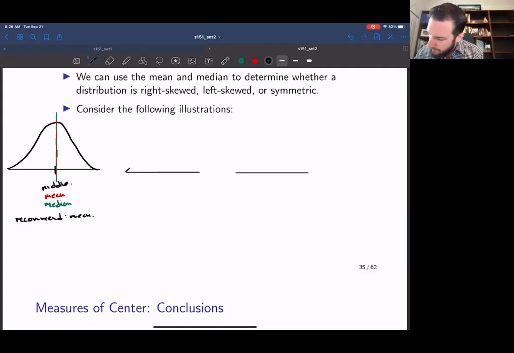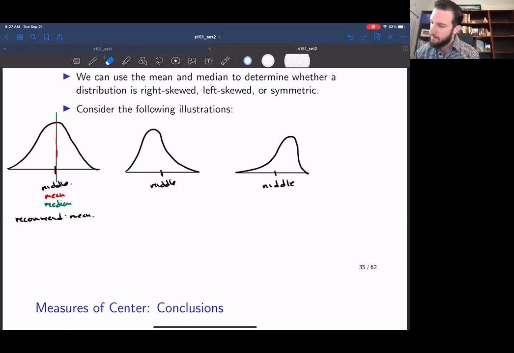Now, what happens in this case? So here's my right skewed object. Here's my left skewed object. What happens in this case is we're going to have the middle here and here.